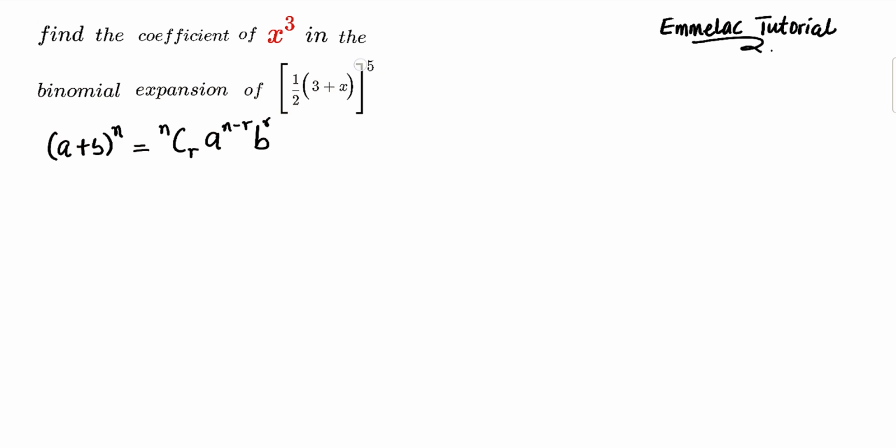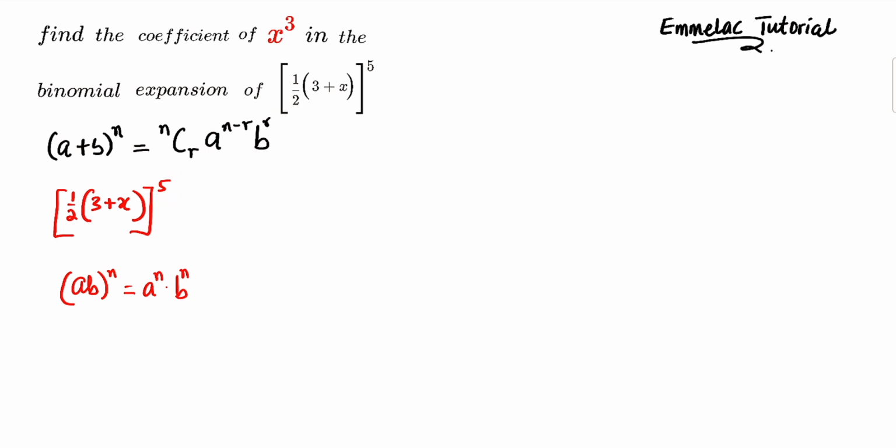Looking at this, I want to make it easier. You can see that we have the square bracket 1 over 2 times (3 plus x), raised to 5. Recall that according to the law of indices, (ab) all raised to n is the same thing as a raised to n times b raised to n, because the 5 will be distributed across the terms.